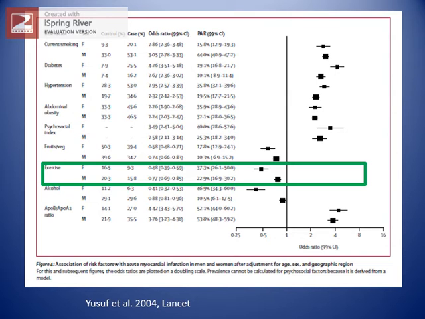So for exercise, this is the males, there's a lower risk of myocardial infarction in males who exercise. That odds ratio looks to me to be about 0.8, so a 20% reduction in risk of heart attack in males who exercise.